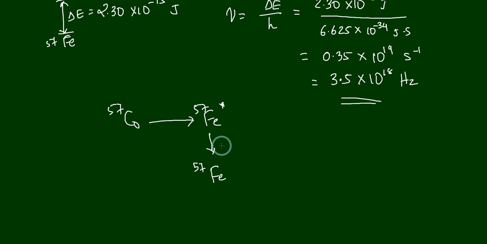During this process, the gamma ray will be emitted, and the frequency of this gamma ray will be 3.5 into 10 raised to 18 hertz, or roughly 10 raised to 18 hertz.